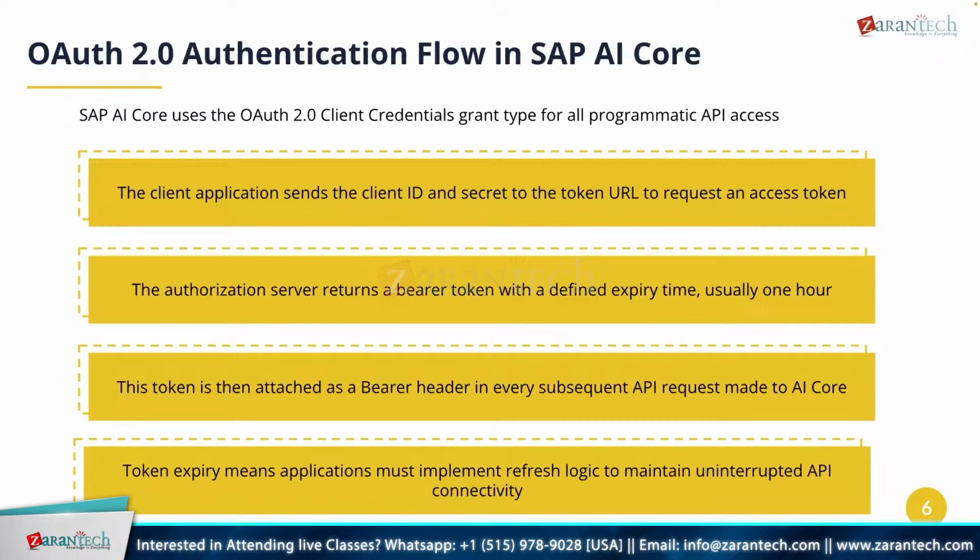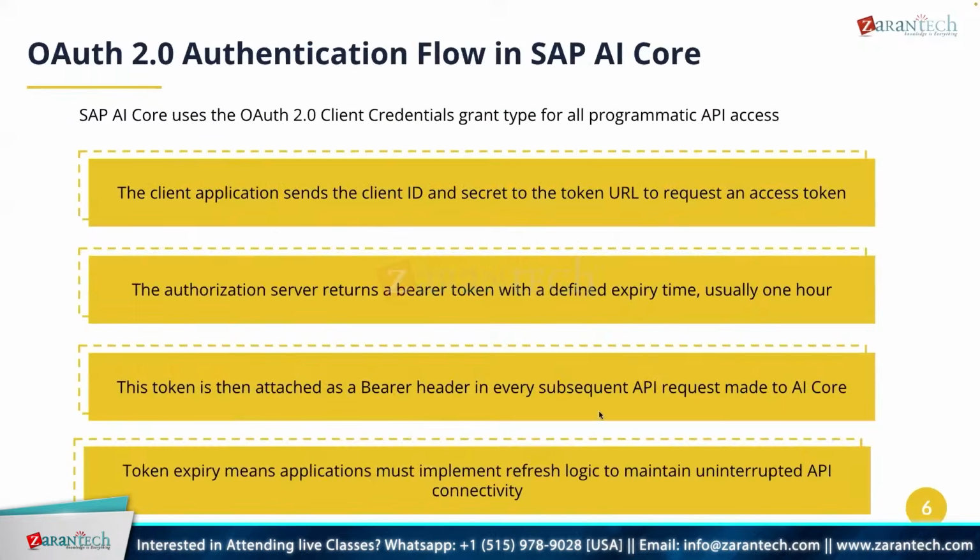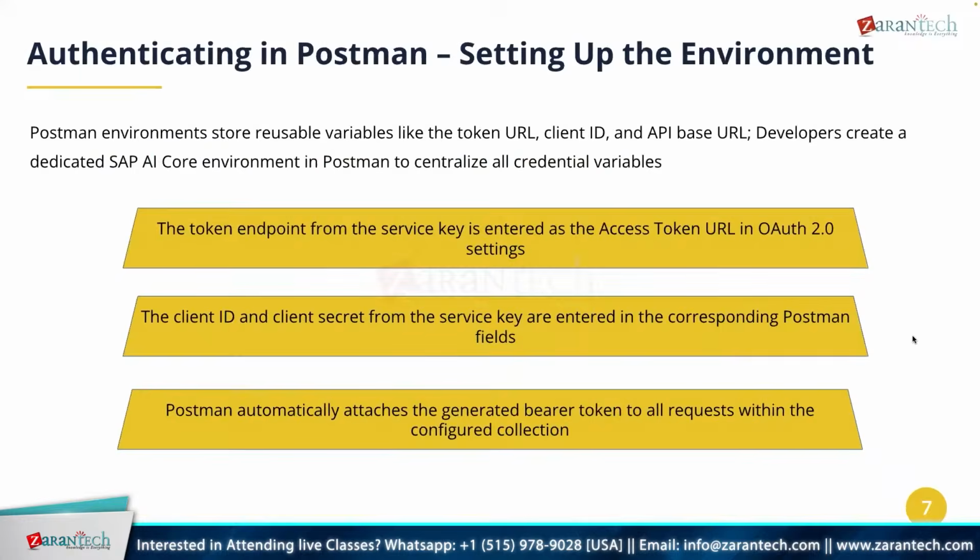Everything happens machine to machine. What you need from your service key is your client ID, your client secret, and your URL. Just now I showed you the AI URL; all these things are required for that. We'll see the step-by-step flow, what will be done and how, in the coming sessions also.